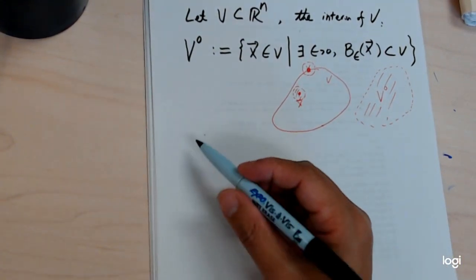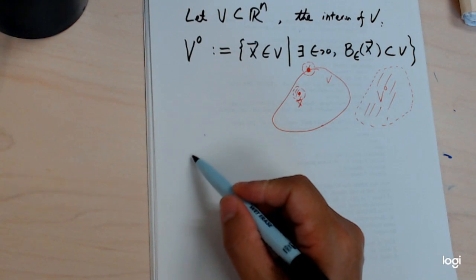Next, we talk about the so-called accumulation point, and this will be a rather important concept. As you can imagine, this will be related to the limit.